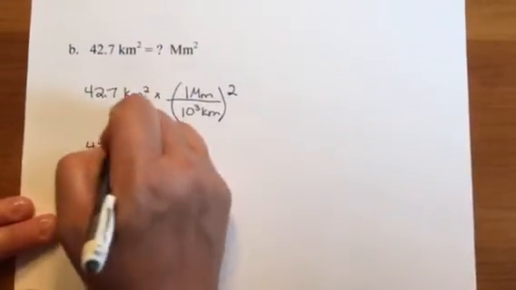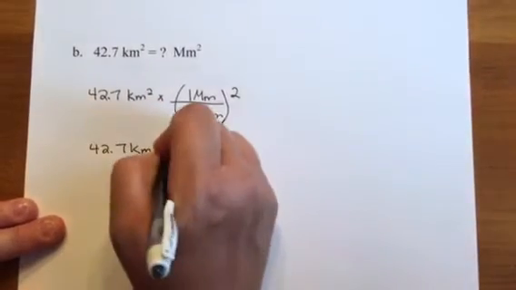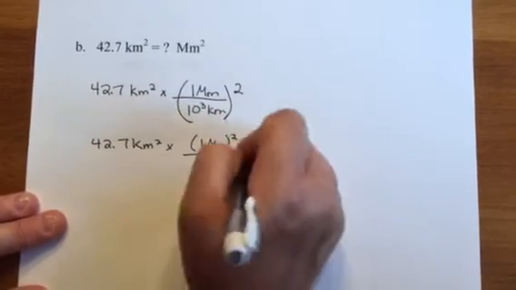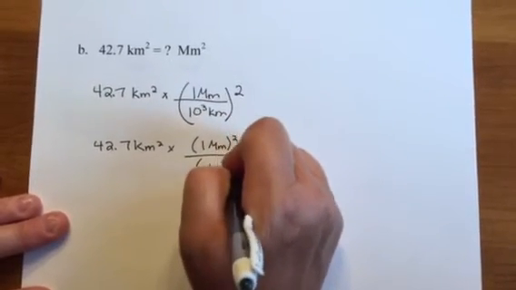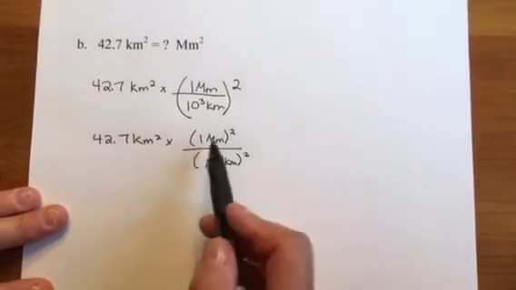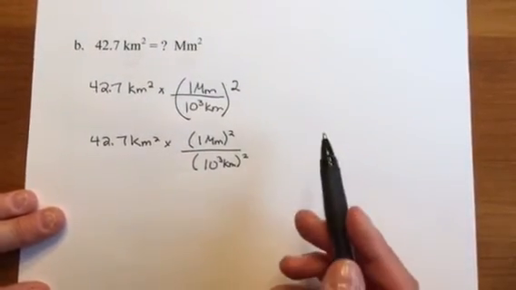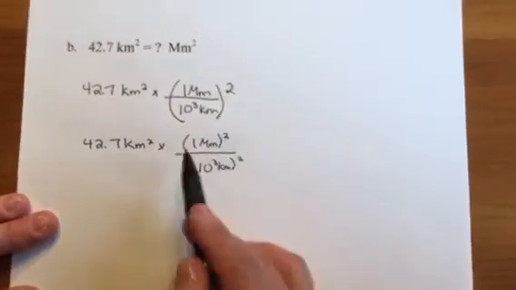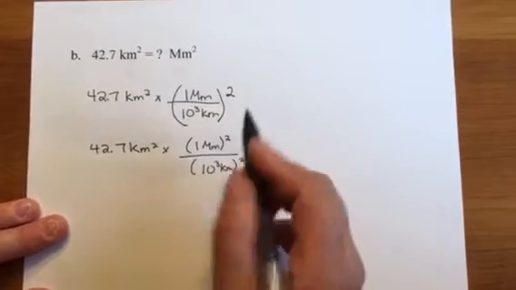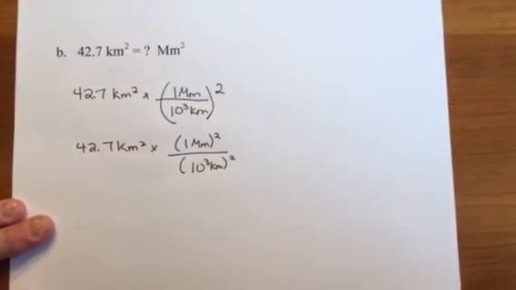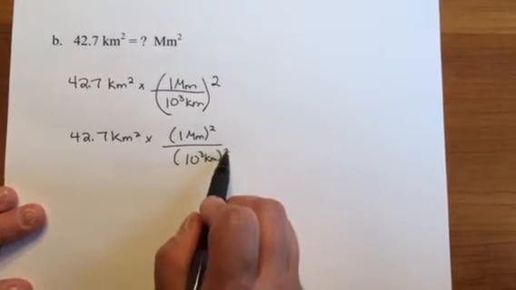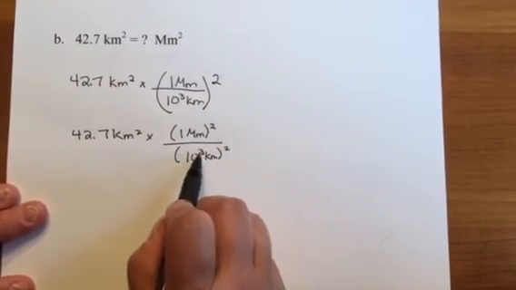So again, we get 1 megameter, that whole term squared, and 10 to the 3rd kilometers squared. Remember, 1 times 1 is 1, so this just remains 1 megameter squared. But now you notice we're squaring a term with an exponent. Remember, you do not add exponents when you're squaring something, you multiply them.